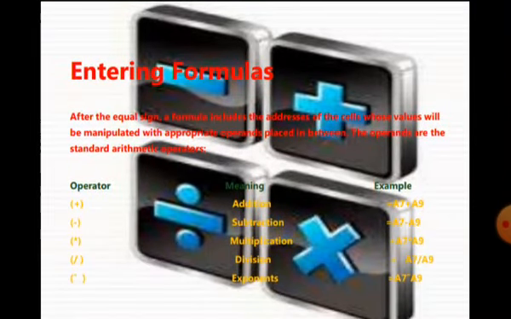Now entering a formula. After the equal sign, a formula includes the address of the cell whose values will be manipulated, with appropriate operators placed in between. The operators are the standard arithmetic operators.